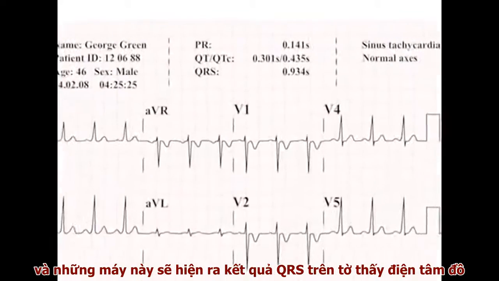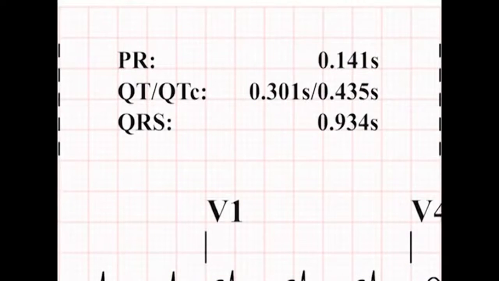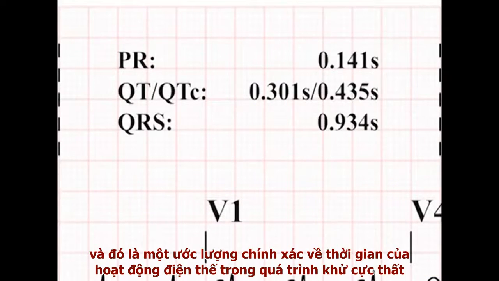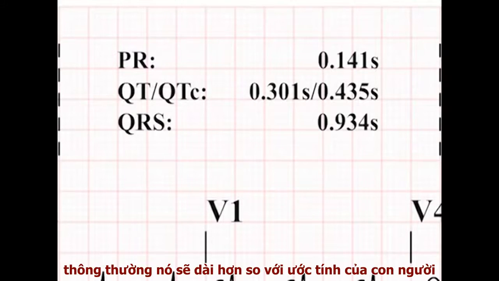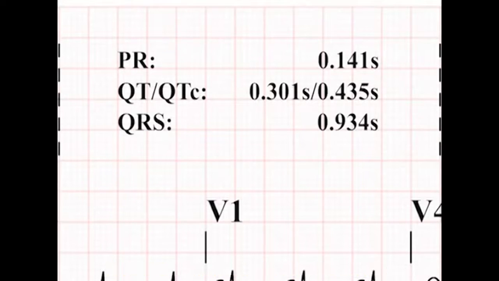These machines then report this integrated QRS duration on the printout. This tends to represent an accurate estimate of the duration of all of the events of ventricular depolarization and will always tend to be longer than the human estimate based on the analysis of the widest QRS duration.